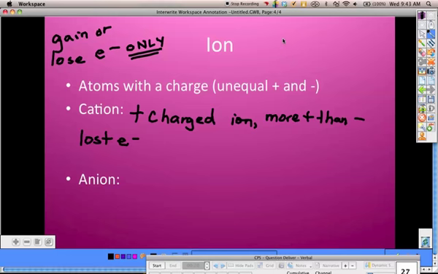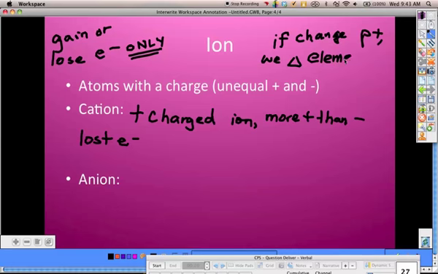The element. Delta means a change, a little shortcut for your notes. So if we change the protons, we change the element. The only thing we're gaining or losing are the electrons.